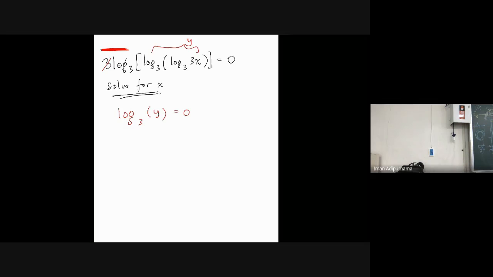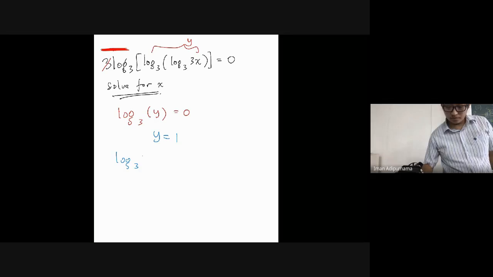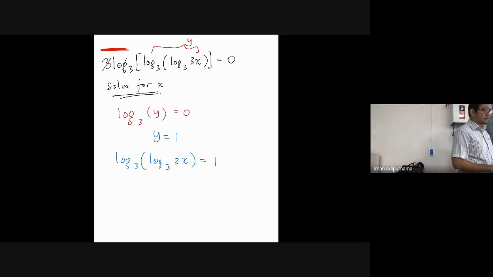So base 3 with power of 0 is 1. So y is equal to 1. So the inside becomes 1, right?